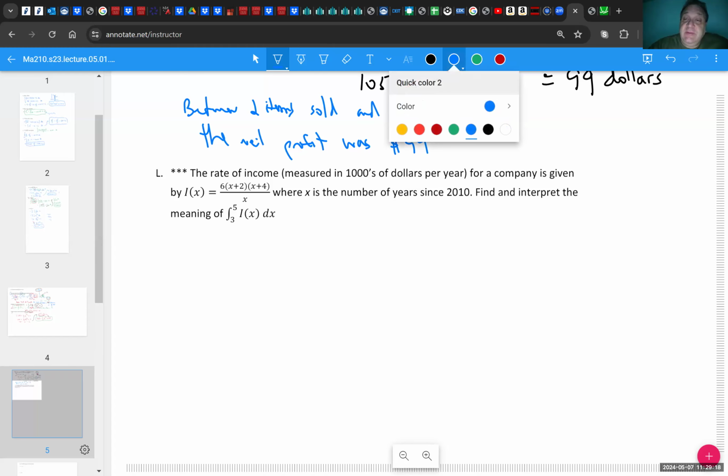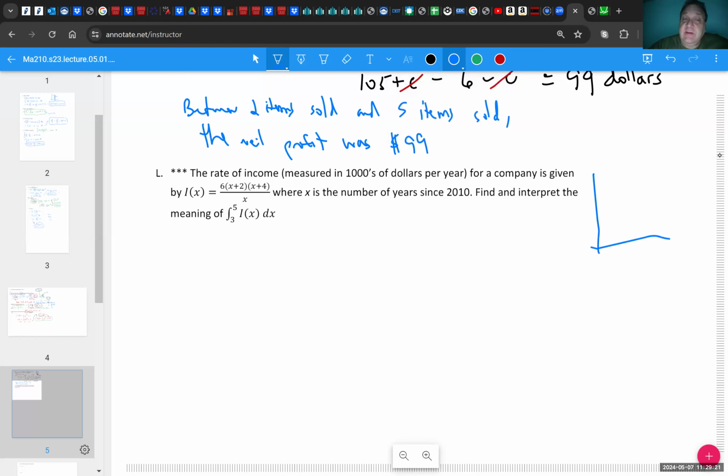I'll just remind you that the vertical axis is the rate, and that's measured in dollars per year. And the horizontal axis is number of years since 2010, but it's the years nonetheless. S-I-N-C-E, since 2010. So my area is going to be the vertical direction, dollars per year, times the horizontal direction, which is years, and that's going to be an area measured in dollars.